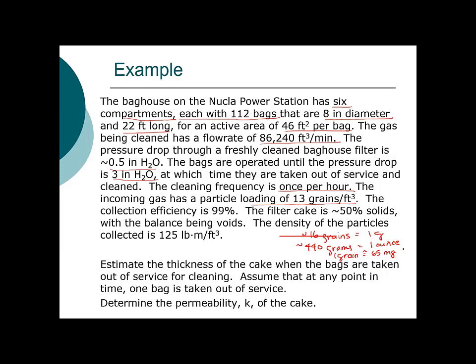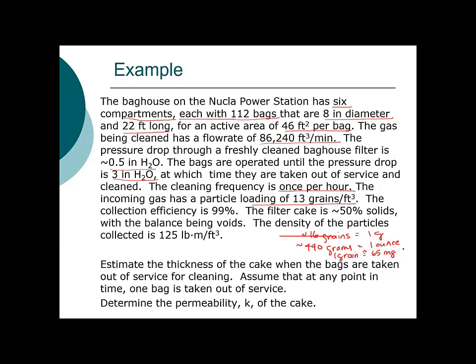The filter cake is 50% solids, with the balance being voids. The density of the particles is 125 pound mass per cubic foot, and you're asked to estimate the thickness of the cake when the bags are taken out of service.